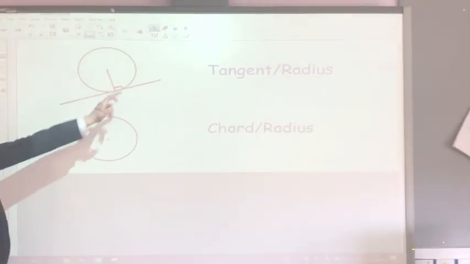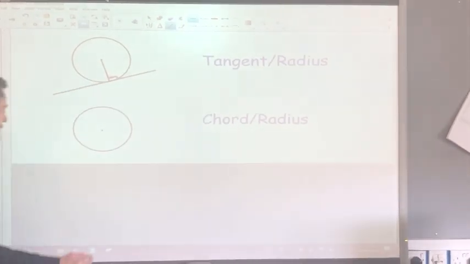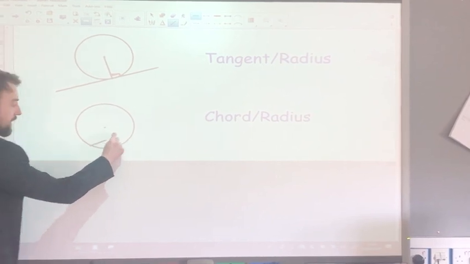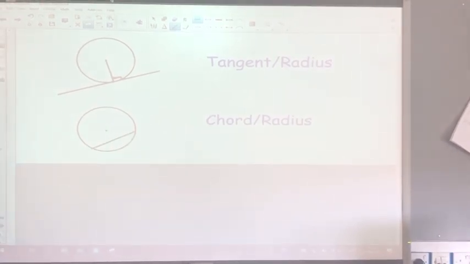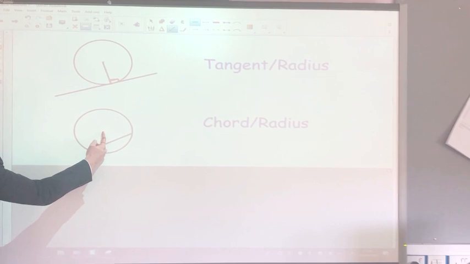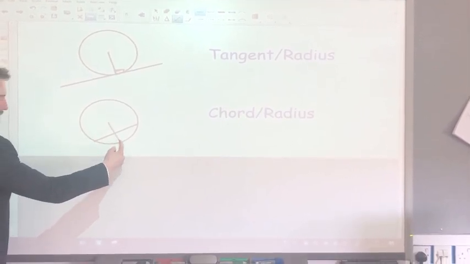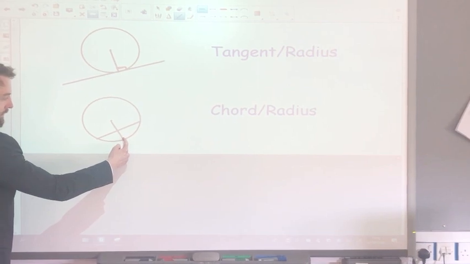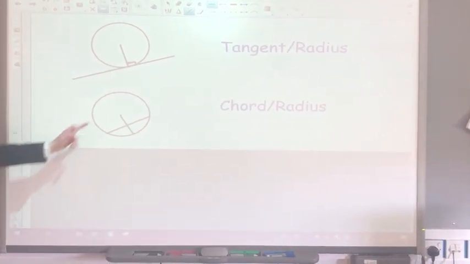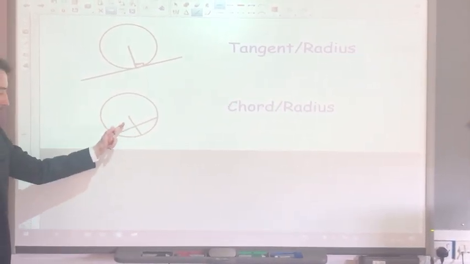Okay, so for this one we're going to need a chord. Let's go from down here to over there, and I'm going to get a radius that bisects the chord. Now what that means is that it's cut the chord in half.